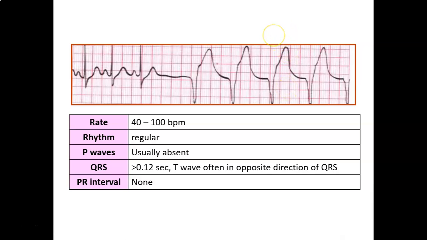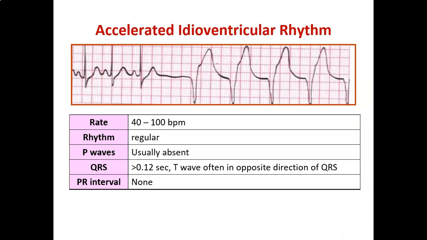So this is ventricular escape rhythm, but the rate is more than 40. When the rate is more than 40, we label it accelerated idioventricular rhythm.